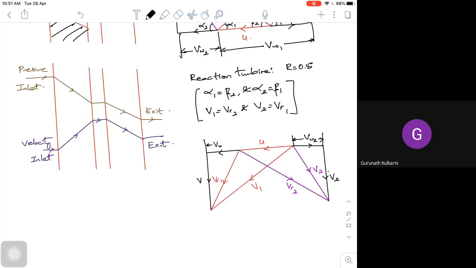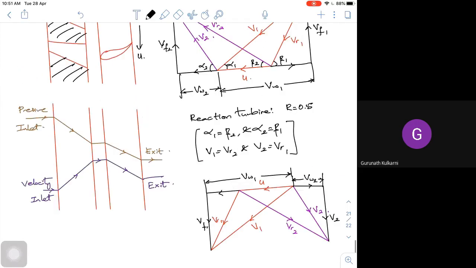Now this is what is given in your R Yadav one. So this is your VW2 and V2. This is your V1, sorry, VF1, and this is your VW1. Now, is there a difference between the velocity triangles I have drawn?